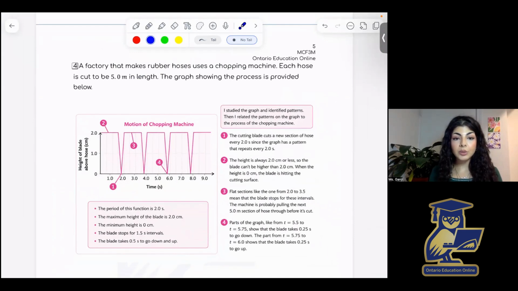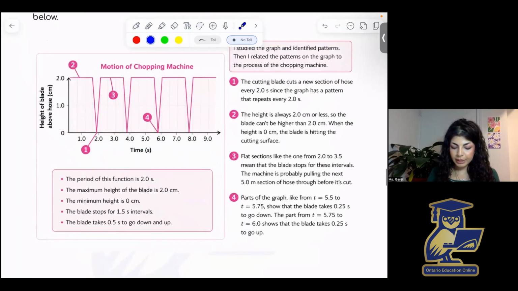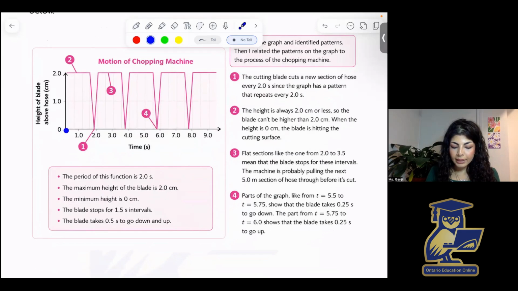A factory that makes rubber hoses uses a chopping machine. Each hose is cut to be 5 meters in length. The graph shows the process of this chopping machine. So let's interpret this graph here. We start at time 0 here, and each time the graph is going down, we're chopping the hose at that time.